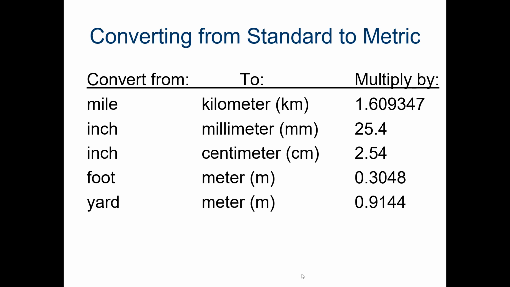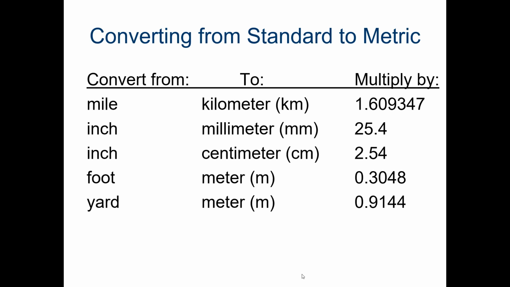But if you look at this, if you convert miles to kilometers, you multiply by 1.6. So a kilometer is shorter than a mile. Sorry, I went backwards on that.